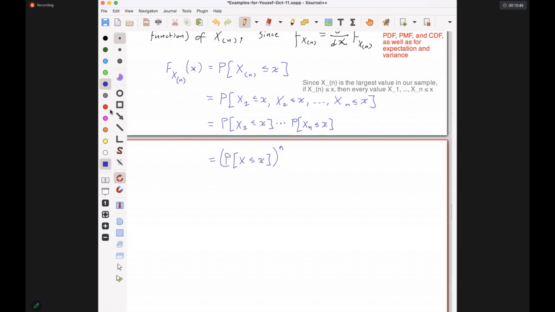And so again, we can split up the joint CDF because of independence. And we will reduce this to a single CDF because x1, through xn are identically distributed.